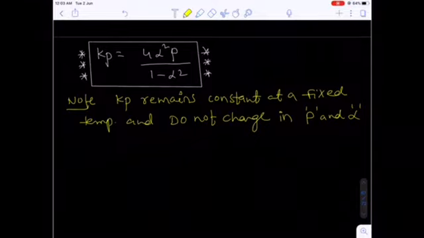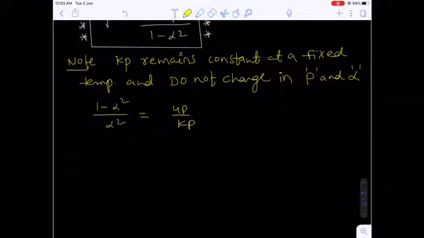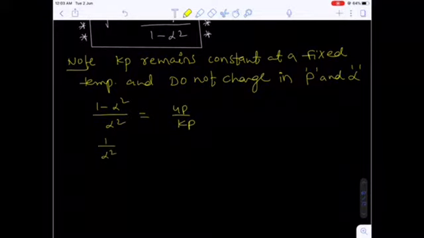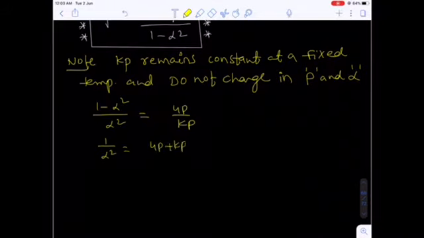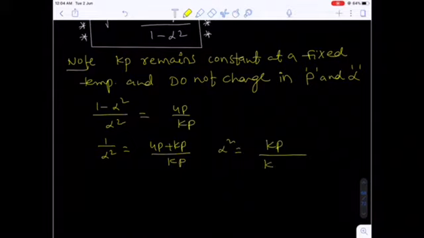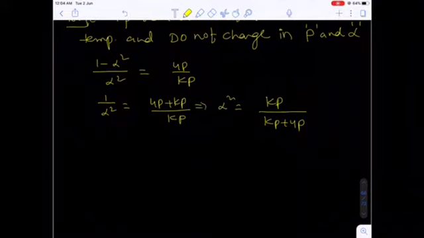Now from this expression, we can also calculate the alpha value. How to calculate the alpha value from this expression? Here, 1 minus alpha square by alpha square is equal to 4p by Kp. Now 1 by alpha square is equal to 4p plus Kp by Kp. From this, alpha square is equal to Kp by Kp plus 4p.